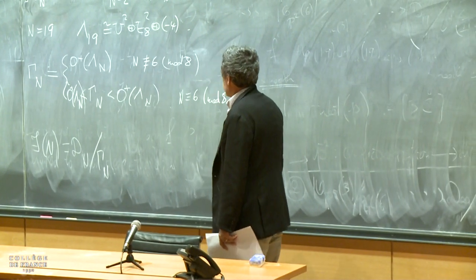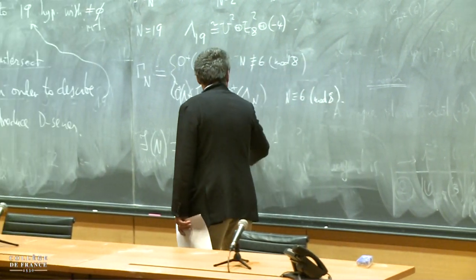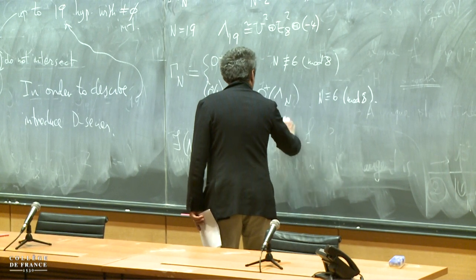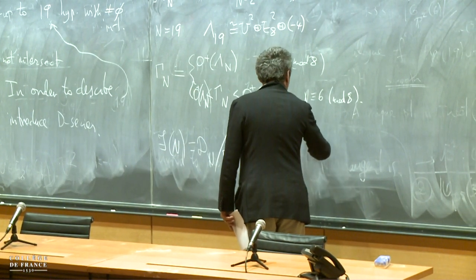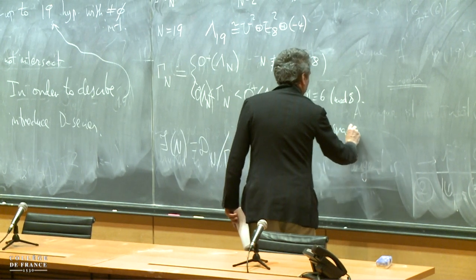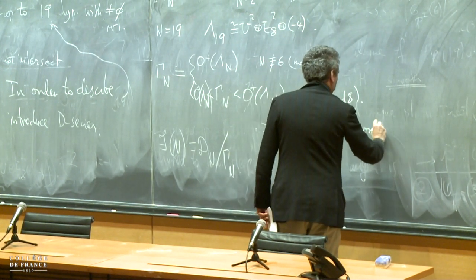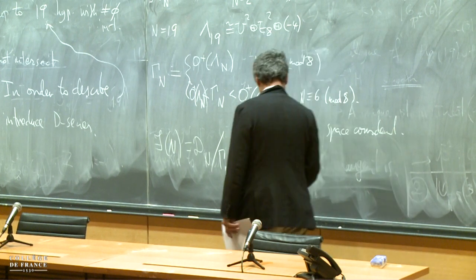Okay? So as I said, F of 19 is the one we considered, the period space considered before, up to now.